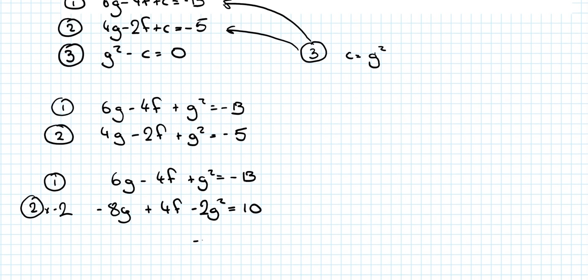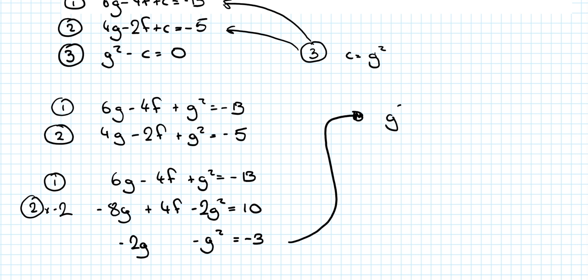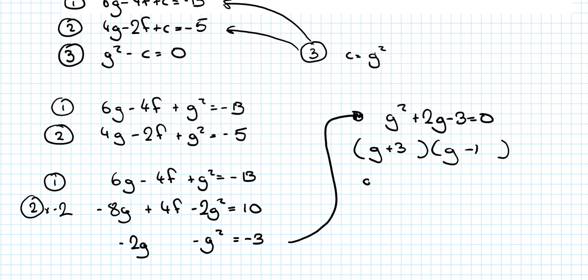We're getting minus g squared minus 2g is equal to minus 3. And we have a quadratic equation then. So I can bring this up: g squared plus 2g minus 3 is equal to 0. G plus 3, g minus 1. g is equal to minus 3, g is equal to 1.